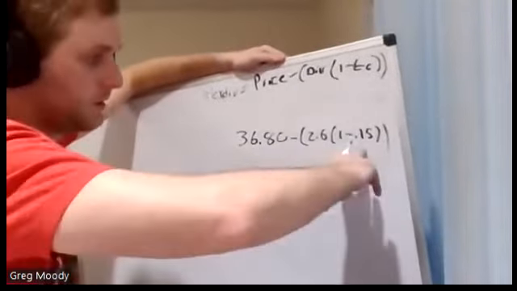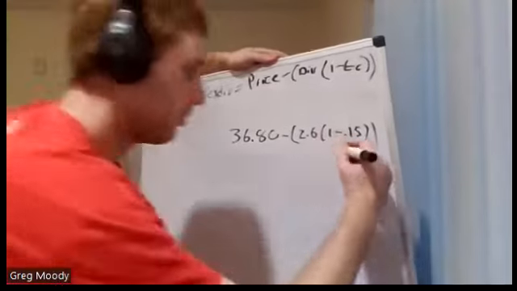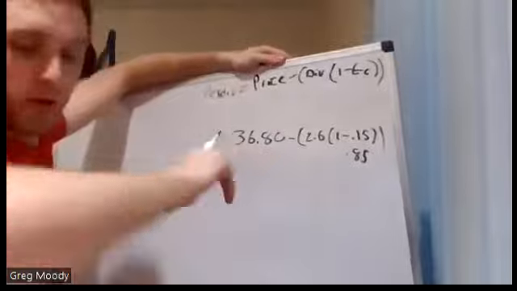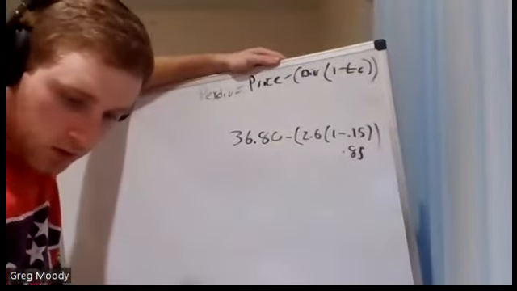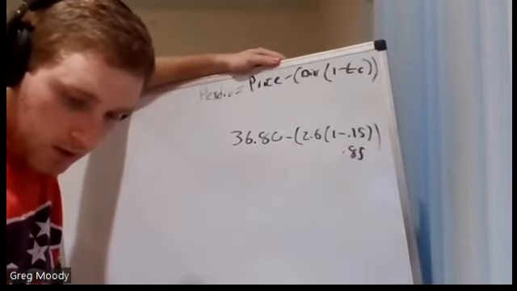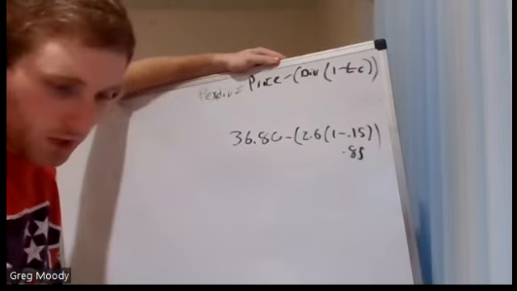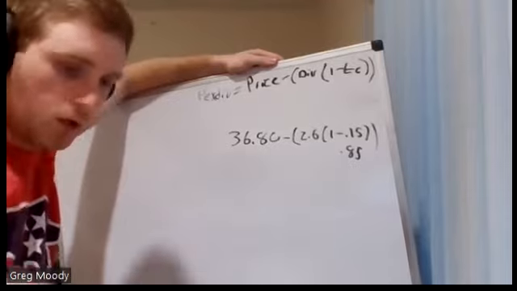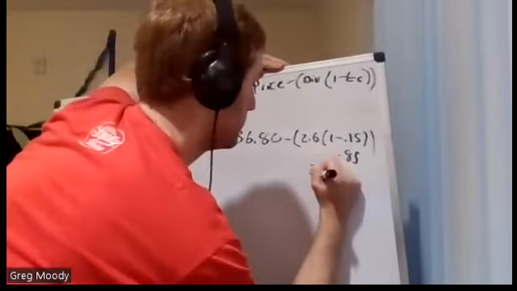So we know this is going to be 0.85. We're going to multiply that by 2.6, times 0.85, which will give us 2.21.